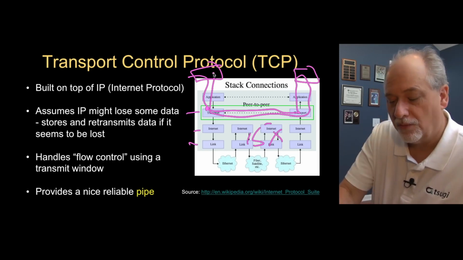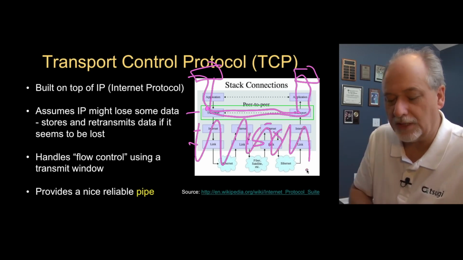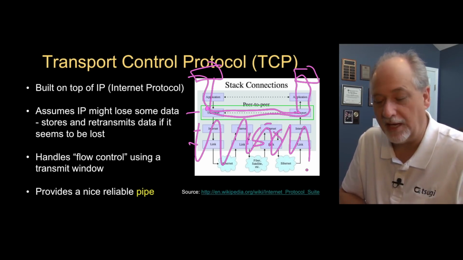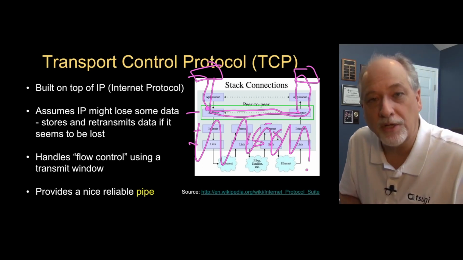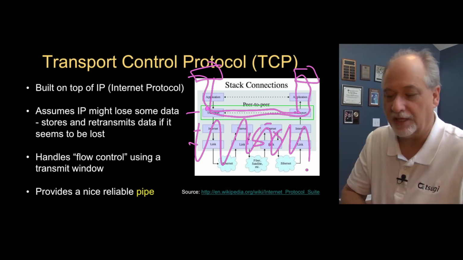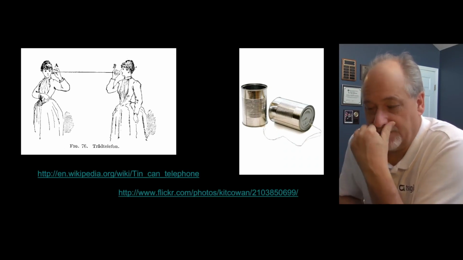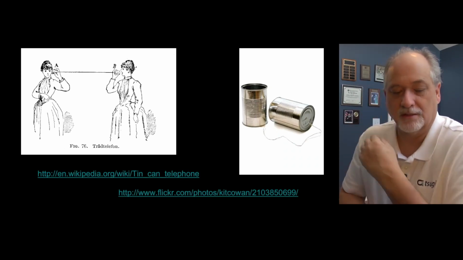Okay, and so we're going to leave this alone. We're going to ignore it. We're going to assume that there's this nice reliable pipe that's going from point A to point B, and what are we going to do with the pipe? But if you're interested, take a look at the book. So we're going to start with a pipe, some kind of a connection. We have two processes.